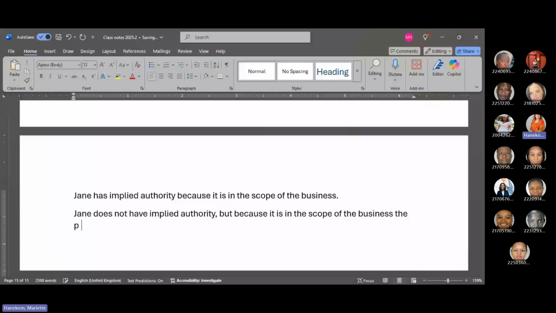Do you understand the difference? Do you understand why the one is nonsense and the other one gives you full marks? I've got silence. Are you following?